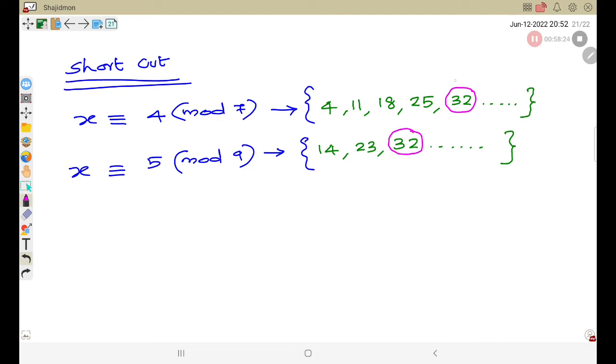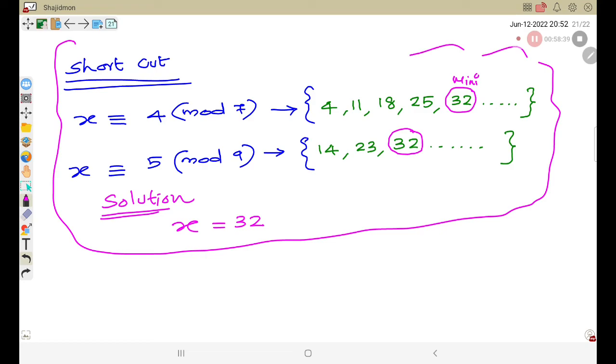Out of the common numbers, the smallest one is the answer. So x equal to 32 is the solution, the positive solution. This is the shortcut idea for the same question. Be careful, the shortcut method is only for checking the answer.